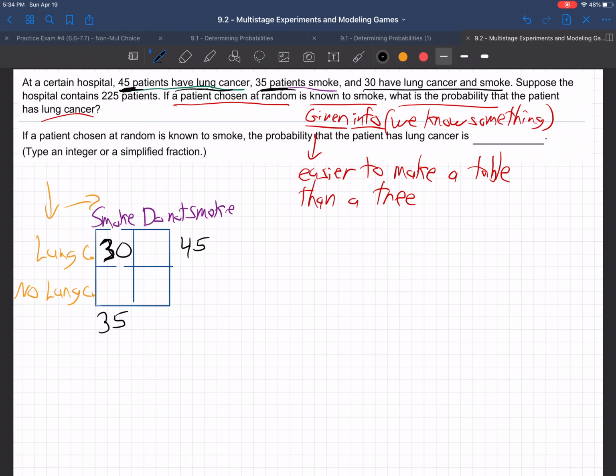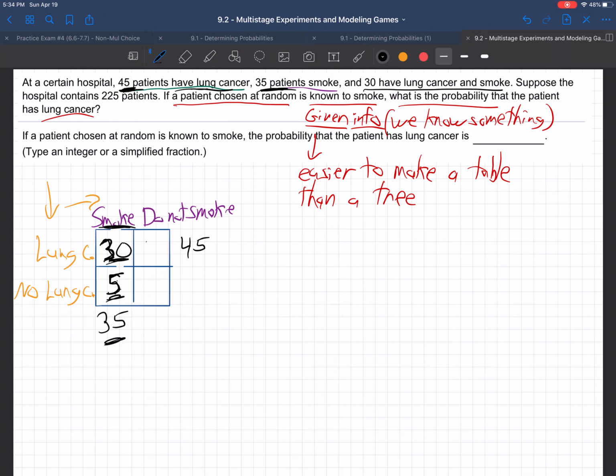Now, what else can I do? Can I figure out the number here? If there's 30 here, what's there got to be here to make 35 total? It's got to be 5, doesn't it? So this is going to be 5. And that makes 35 total. So among the smokers, 30 have lung cancer, 5 do not, making 35 total smokers.